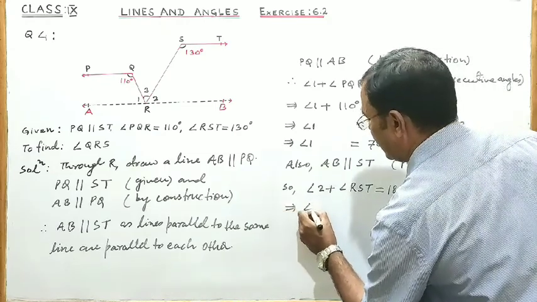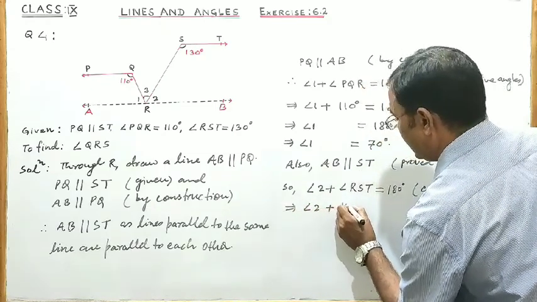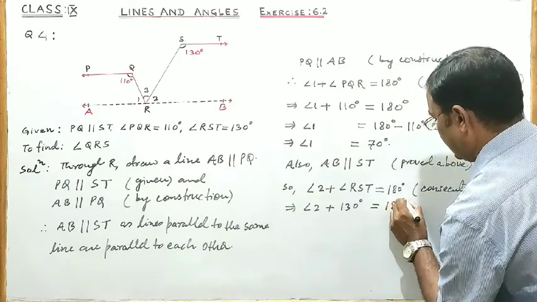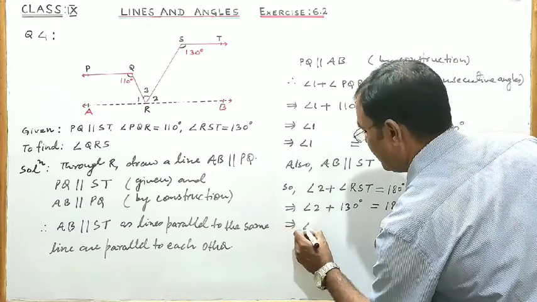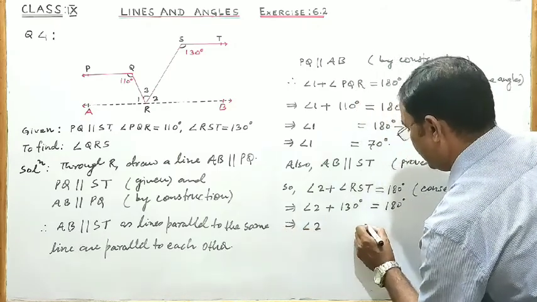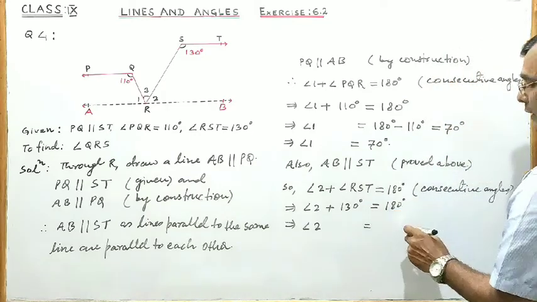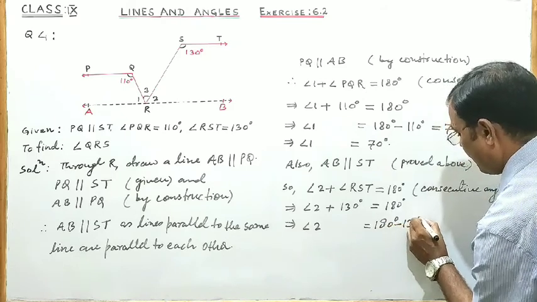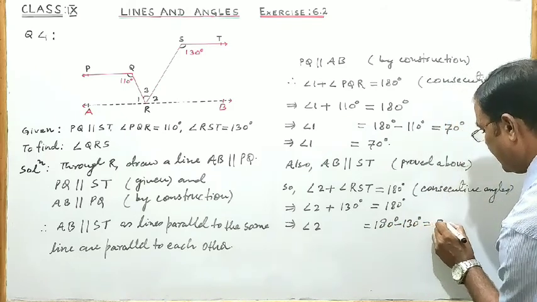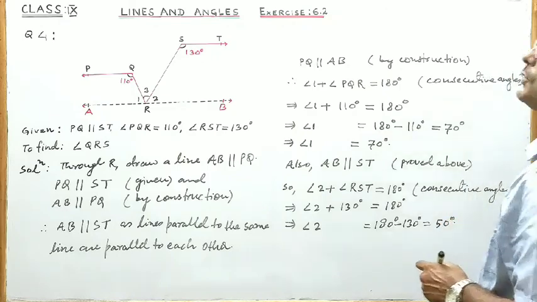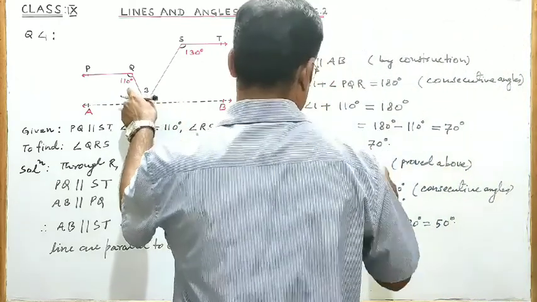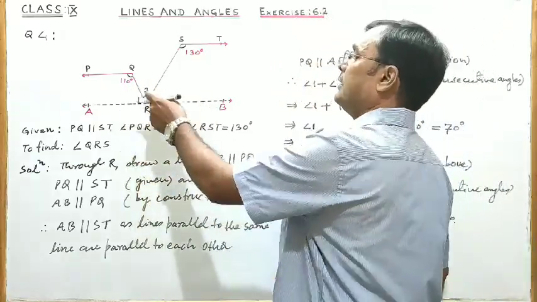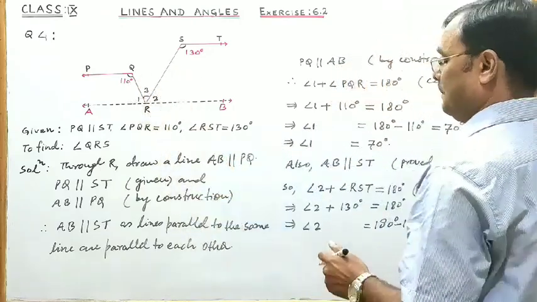And this implies angle 2 plus 130 degrees equal to 180 degrees, which implies angle 2 is equal to 180 minus 130 degrees is equal to 50 degrees. So angle 1 is 70 degrees, angle 2 we have got 50 degrees, and we have to find angle 3.